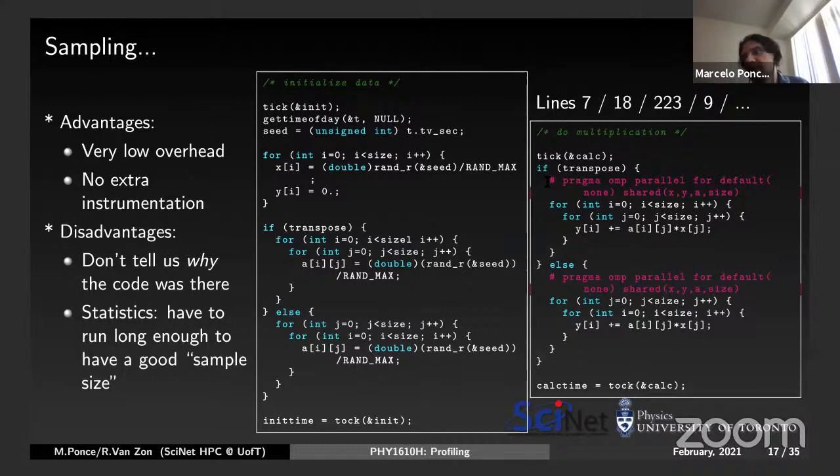If you run your code and instead of finding what you think it could be, you find something else, it won't tell you the story of why the code was spending so much time there. But it will tell you the code was spending most of its time there. And as I mentioned before, you need to have a good sample size in order to have representative results, right?